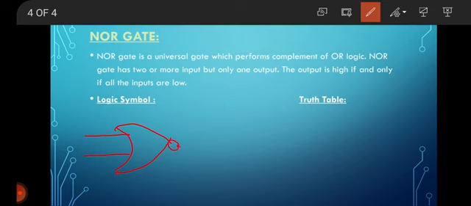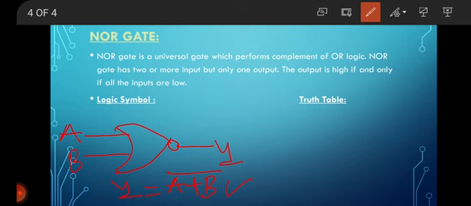That is bubble is present here. So this is A and B are inputs, Y is the output, and our Boolean expression is Y equals to A plus B and whole bar. So this is our Boolean expression of NOR gate.